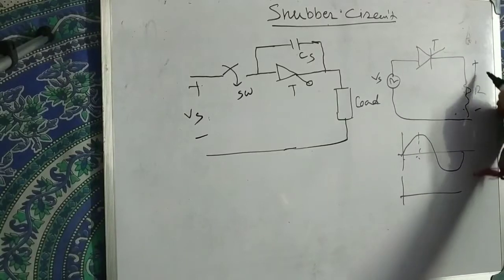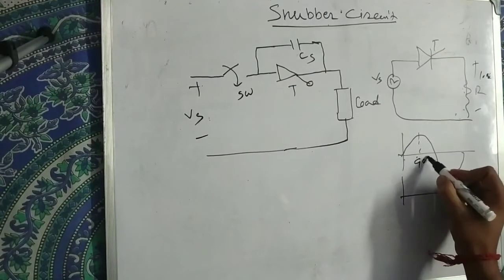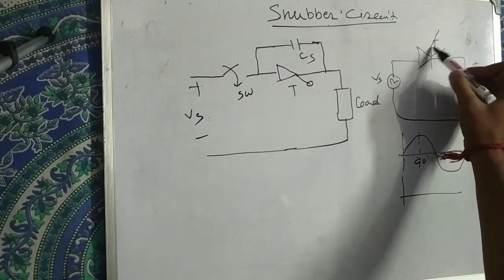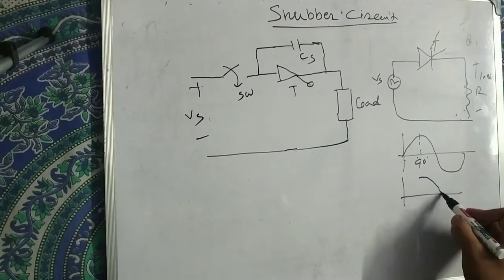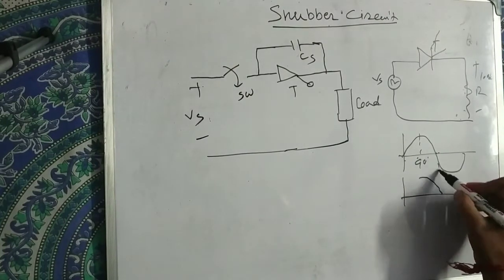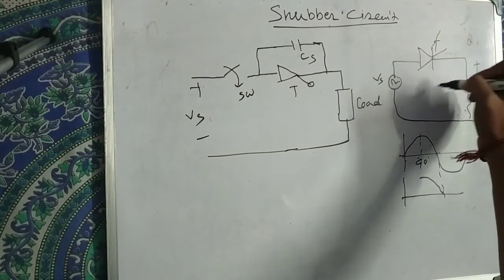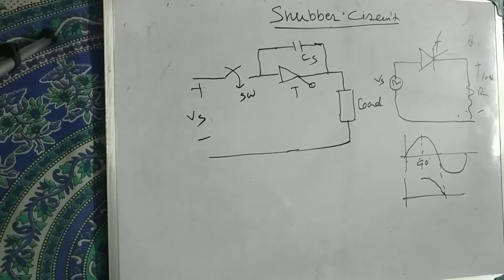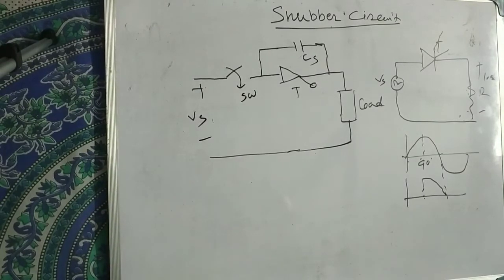After gate current is applied at 90 degrees and the SCR turns on, the output voltage will be like that. After that, the reverse blocking mode is applied to the SCR and the SCR will automatically turn off. So the output voltage will be this.